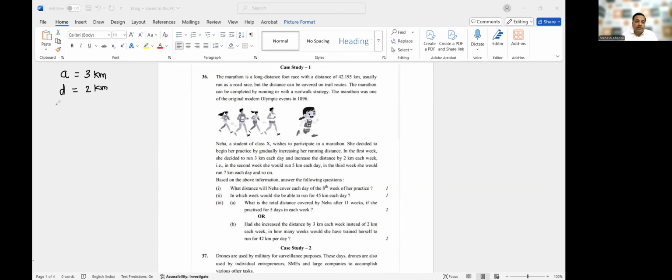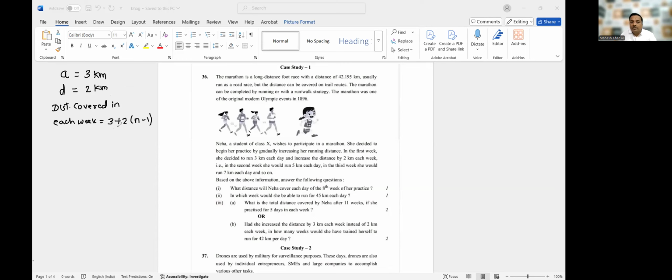Okay. So distance covered in each week. How much distance will she cover in each week? So we will write distance covered in each week. That is 3 + 2(n - 1). Why this 2?